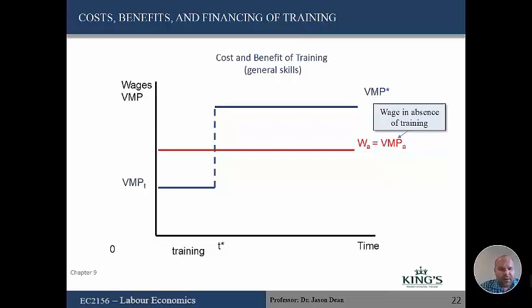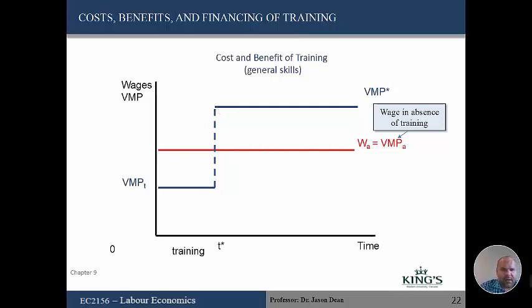Now, the firm, let's say the firm pays a lower wage than this amount for a certain period over which the training is acquired, and that after the training, the worker is paid a wage above what they would get before, their competitive wage.